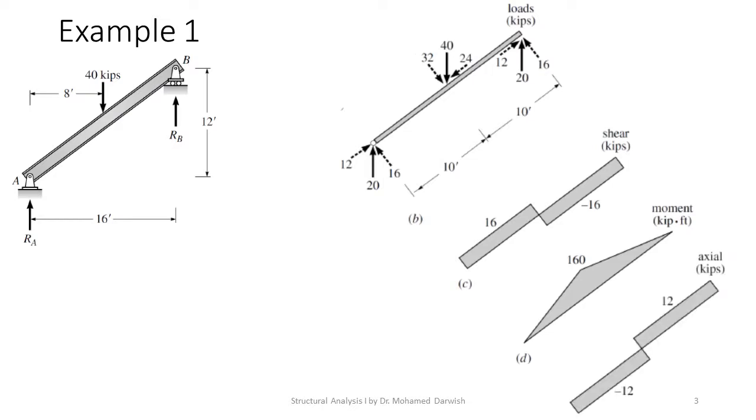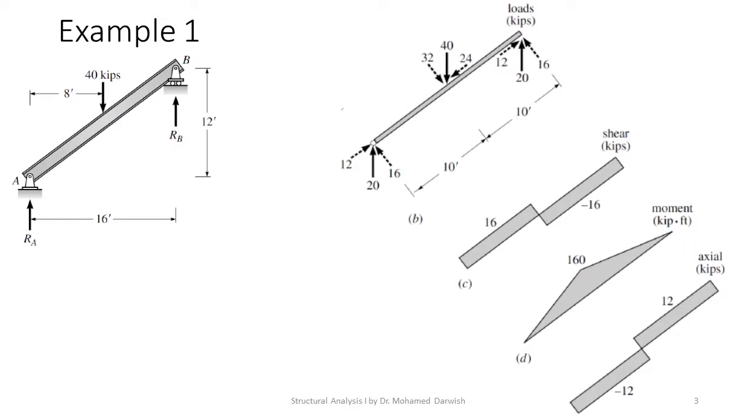However, for the axial force, it is the reverse of the shear force. Now I'm not looking perpendicular to the member, I am looking in the direction of the member. So if I take a cut just after A, at any point between A and the concentrated load here, I will see a minus 12 kips force, which means it's a compression.